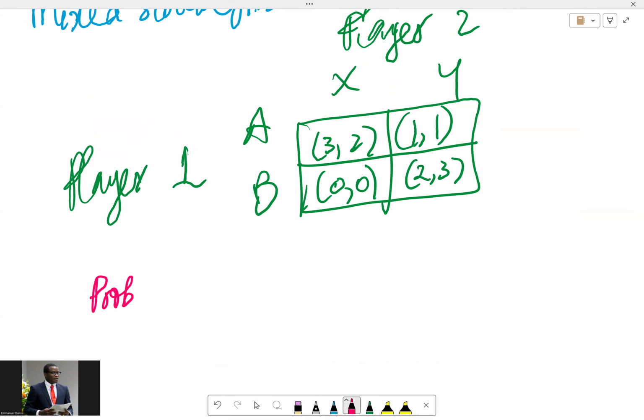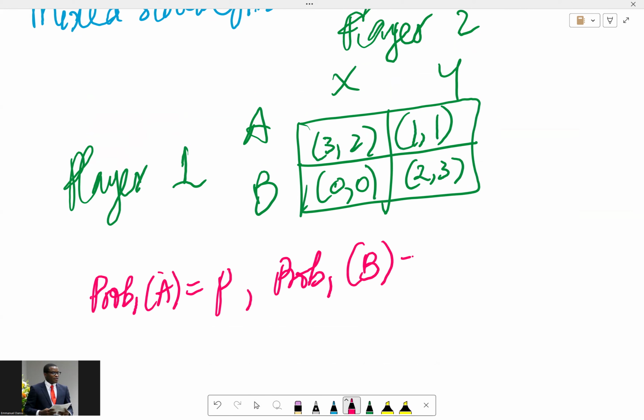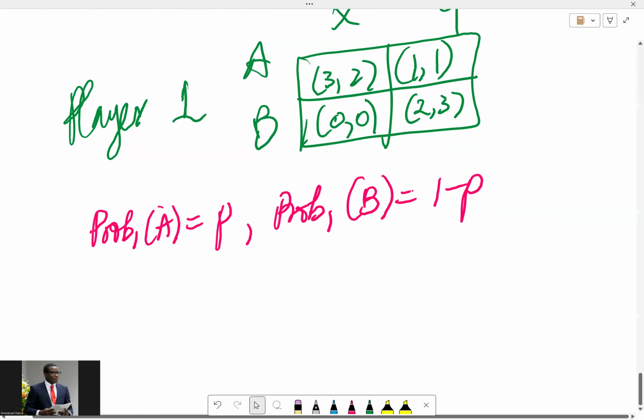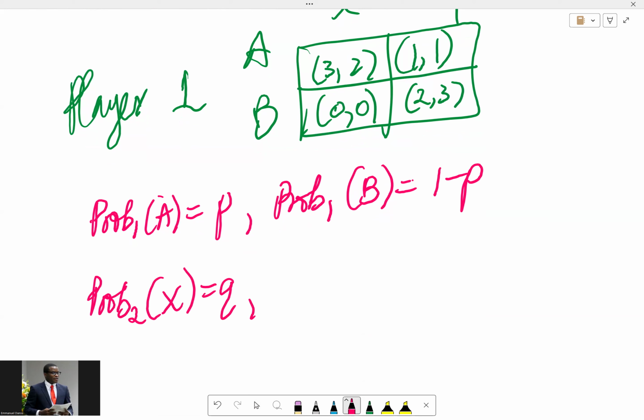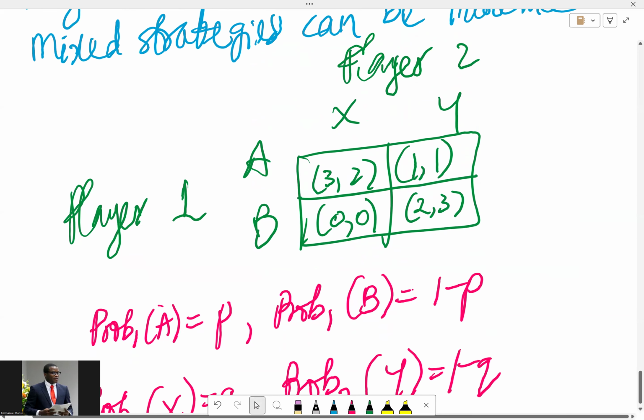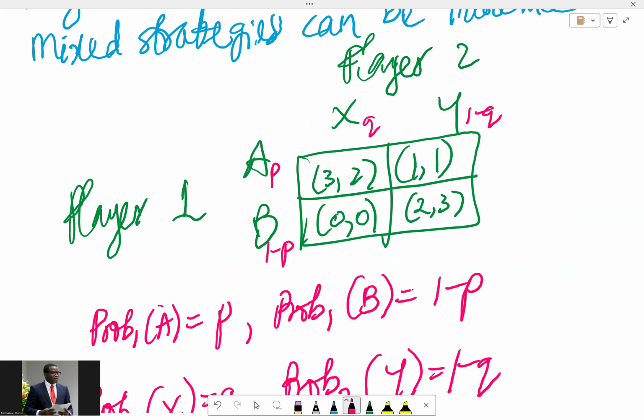The probability of player 1 using strategy A, we call P. The probability of player 1 using strategy B, we call 1 minus P. The probability of player 2 using strategy X, call that Q. And the probability of player 2 using strategy Y, call that 1 minus Q. So we have P attached to this, 1 minus P attached to this, Q attached to this and 1 minus Q attached to this.